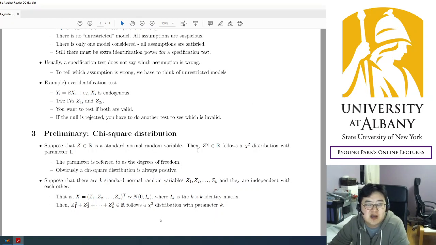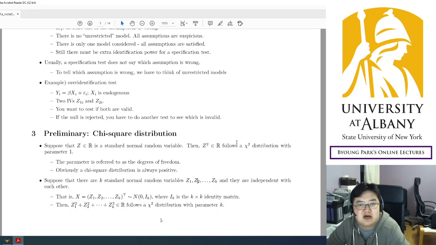And now we are going to generalize this. Now suppose that there are k independent standard normal random variables. There are k variables, z1, z2, up to zk, and z1 is standard normal, z2 is standard normal, zk is also another standard normal distribution, and each pair of those random variables are independent of each other.